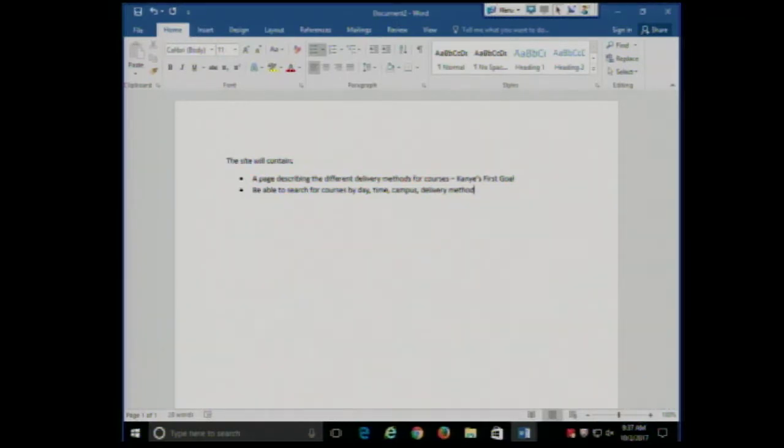If a student wants weekend classes, they might be able to search that way. If a student wants to avoid weekend classes, they might want to search that way. All right? So this particular thing would address Kanye's second goal, and so on.